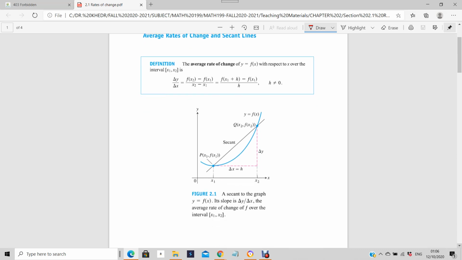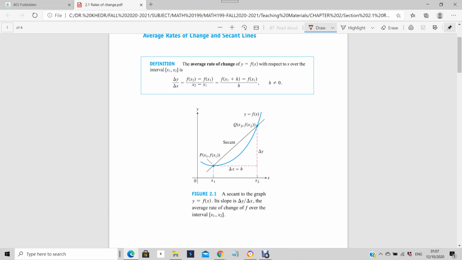So if you find this ratio delta y by delta x, you will be able to find the average rate of change. In fact, this average rate of change, we call it also the slope of the secant line. So the slope of the secant line is equivalent to the average rate of change of y equals f of x from x1 to x2. So there are two names here, the average rate of change, which is given by this definition, and it's also equivalent to the slope of the secant line.